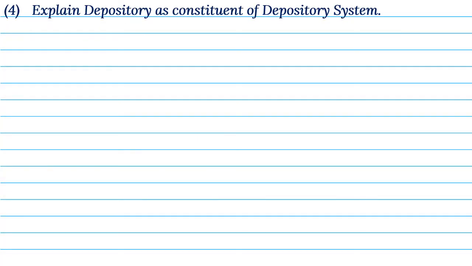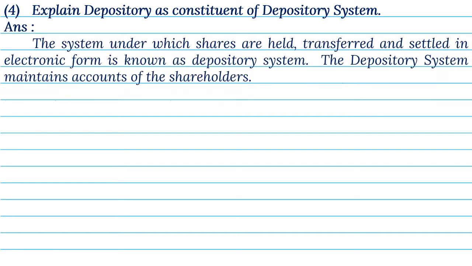4. Explain depository as constituent of depository system. Answer. The system under which shares are held, transferred, and settled in electronic form is known as depository system. The depository system maintains accounts of the shareholders.